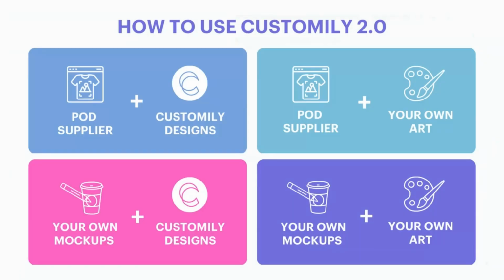So to summarize what Customily 2.0 can do for you, there are four different paths that you can explore with this. You can work with a print-on-demand supplier who has its own product catalog and add any design from Customily's library to it.